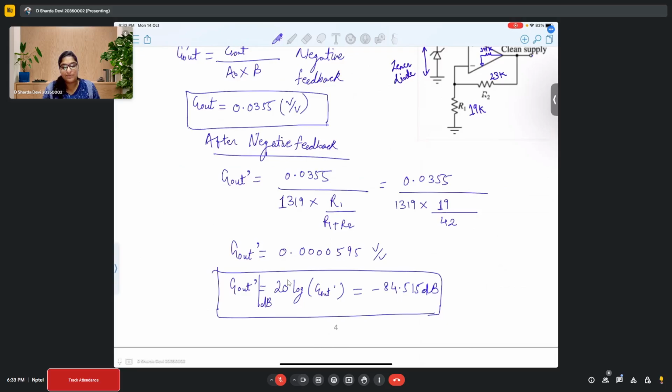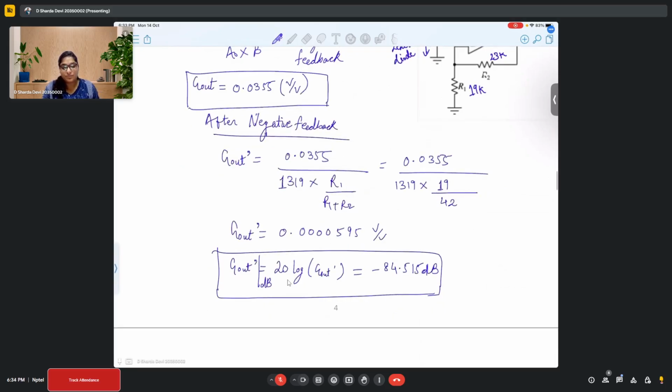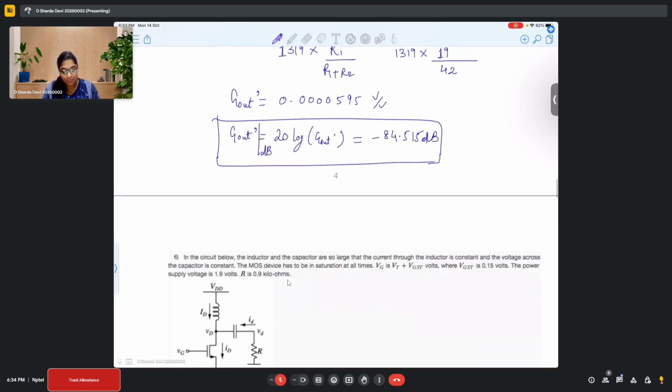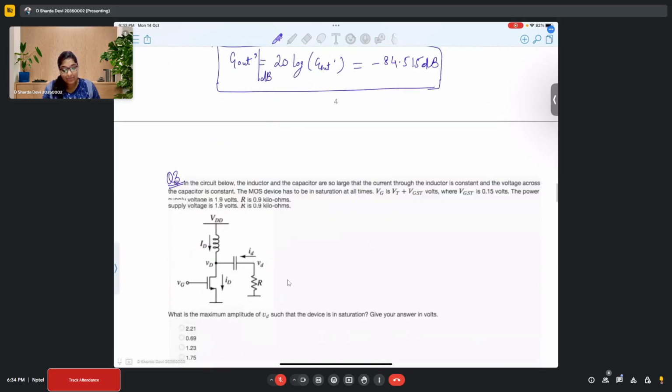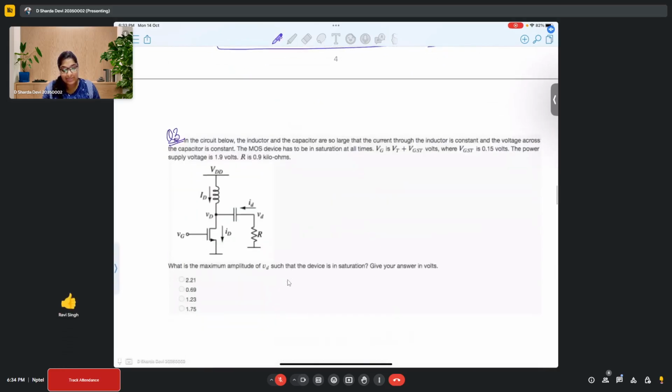This is the answer. Is this clear? Hope this is clear. No doubts, right? So now moving on to the next problem.